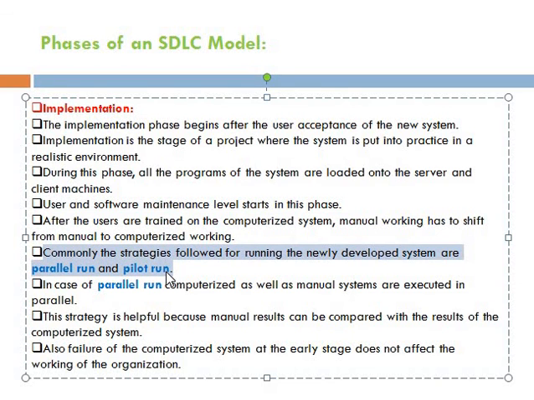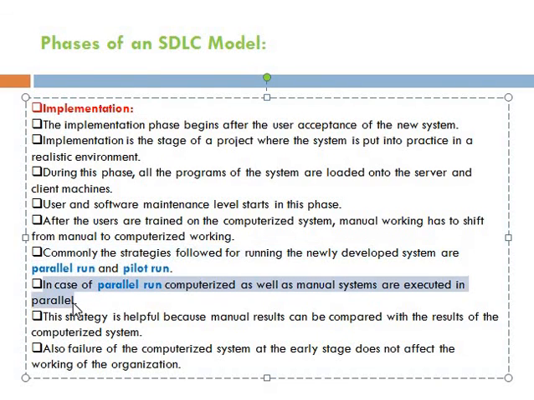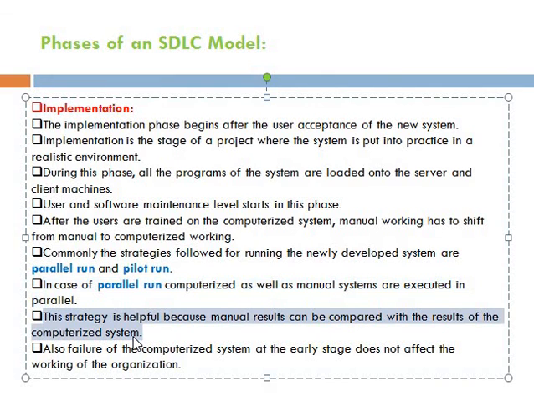Commonly, the strategies followed for running the newly developed system are the parallel run and the pilot run. In case of parallel run, computerized as well as manual systems are executed in parallel. This strategy is helpful because manual results can be compared with the results of the computerized system.